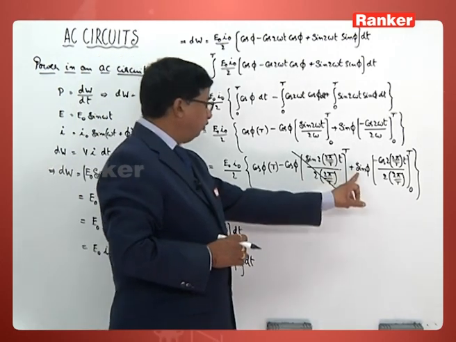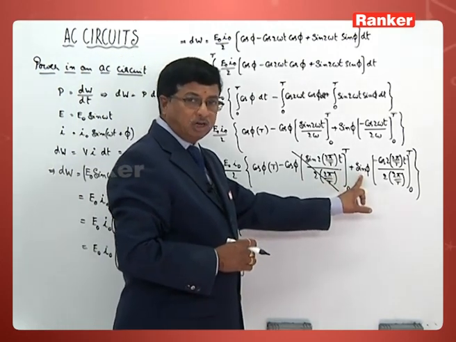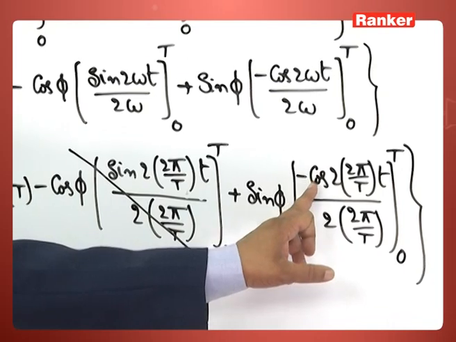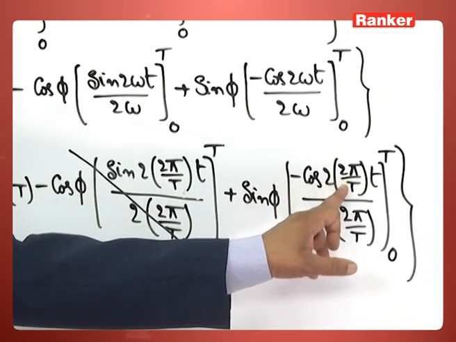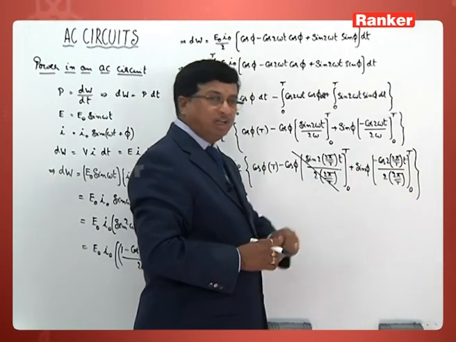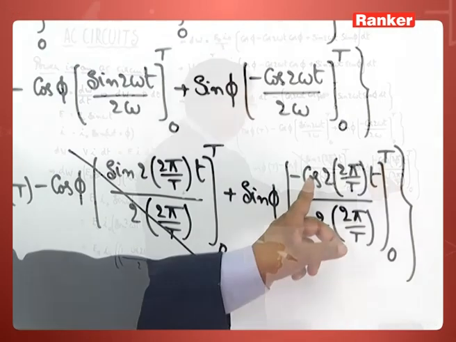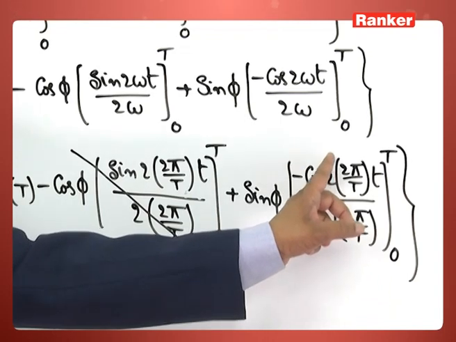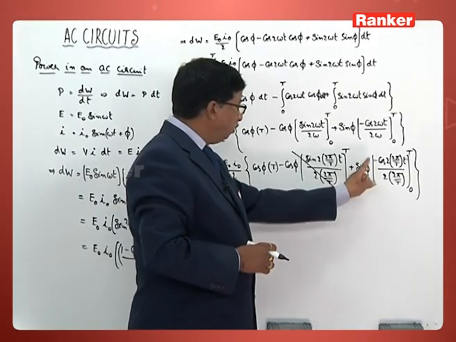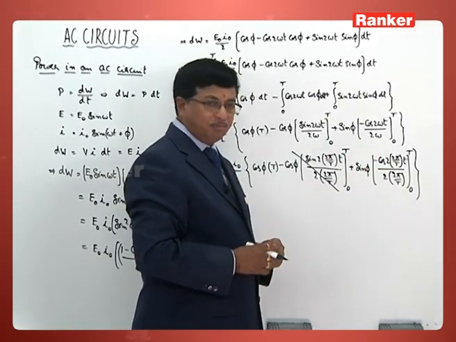Now check the second one, the last term in this order. Minus cos 2 into 2 pi by T into capital T when I write. The upper limit, when I substitute, becomes minus cos 4 pi. That no doubt becomes minus 1.